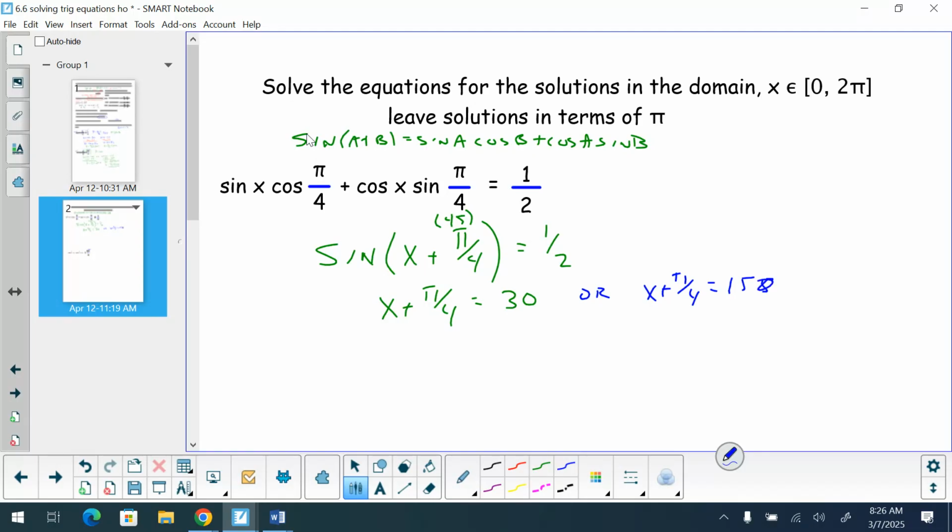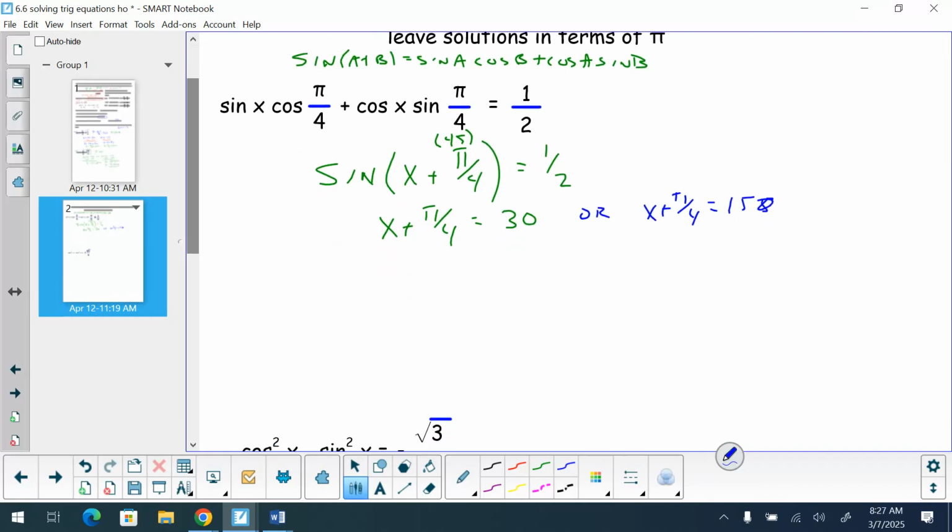Now, if we want to, we could put it all back into radians and work with fractions. You could do either way. You could put them all in degrees and then convert back into radians, or we could just convert back into radians. 30 degrees is pi over 6. 150 would be 5 pi over 6.